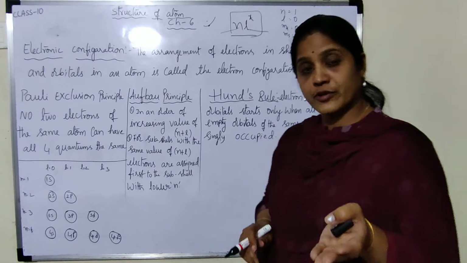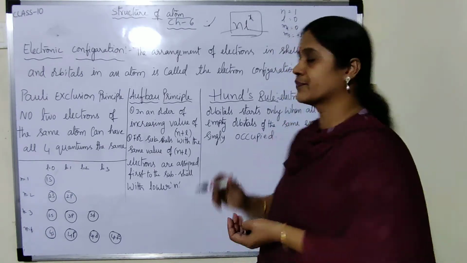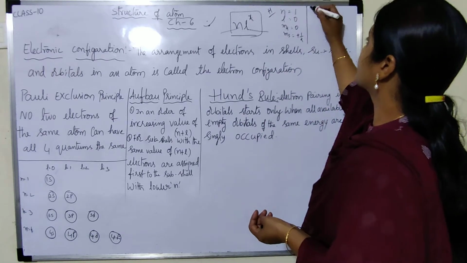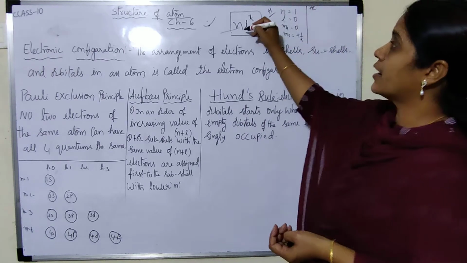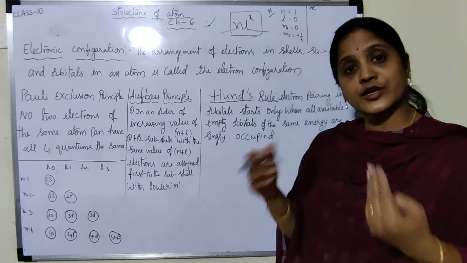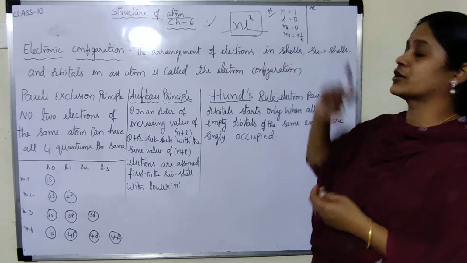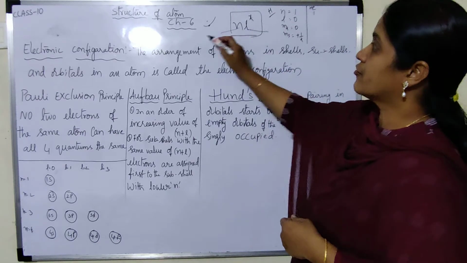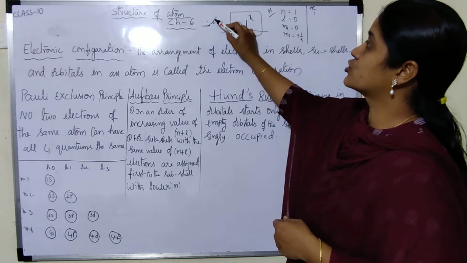This is for hydrogen. If you take helium, by using this method, can you find out all four quantum numbers? Let's see. N is the same. In the first orbit, we can fill 2 electrons.